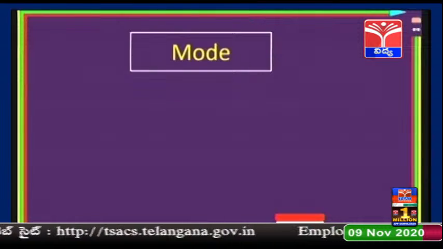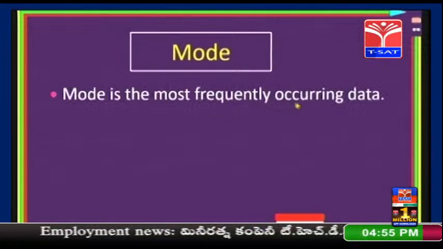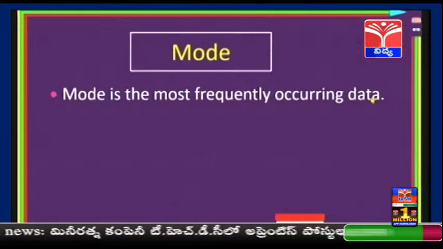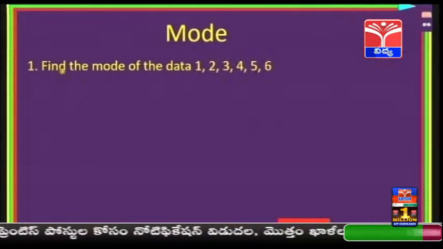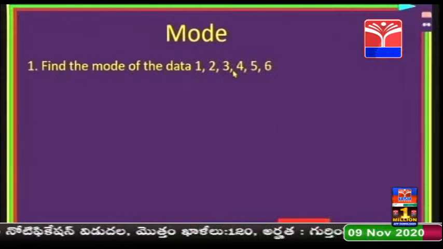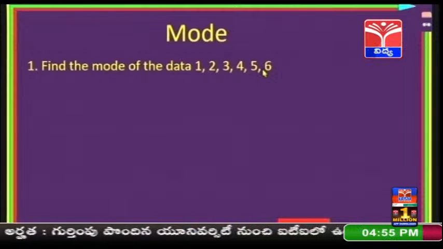Next measure of central tendency is mode. Mode is the most frequently occurring data, that means the most repeated data in the given data. For example, find the mode of the data 1, 2, 3, 4, 5, 6. Students, can you say which observation is repeated more times?